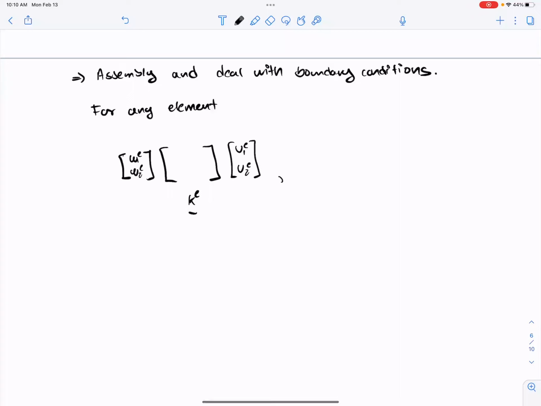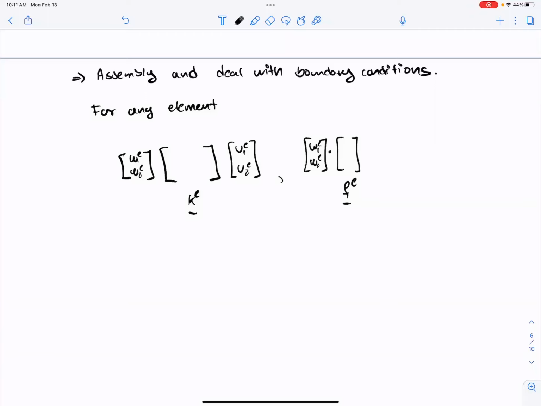And we can also get the force vector. That's what we have right now, these two sets of equations, the stiffness matrix and this force vector. But this is for a single element.